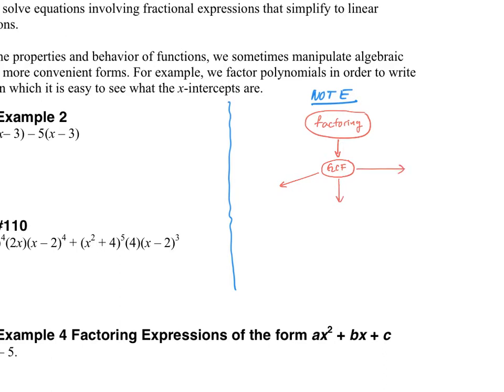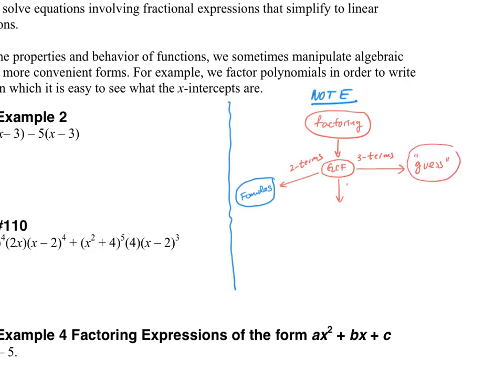And after that, you're gonna go by the number of terms that you have in the expression. So if you have two terms, we're gonna use a formula. There are technically 3 formulas that you will be using over and over. If you have 3 terms, you're going to do trial and error, which technically means guess.